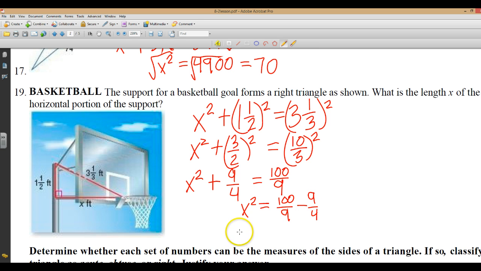And my common denominator being 36. So I multiply these both by 4. And these both by 9. So my difference there would be 319.